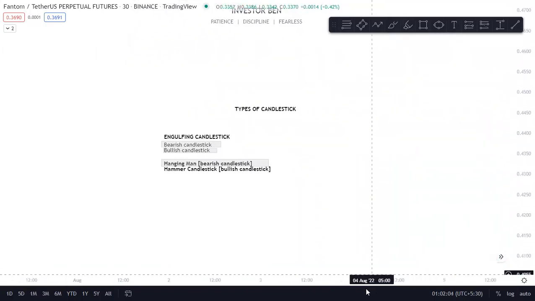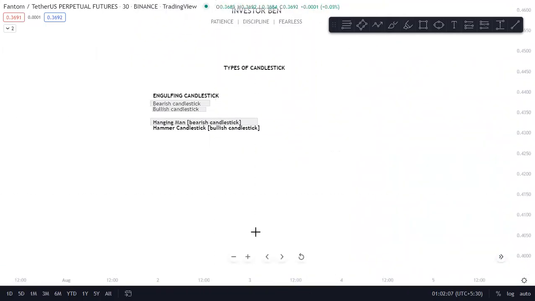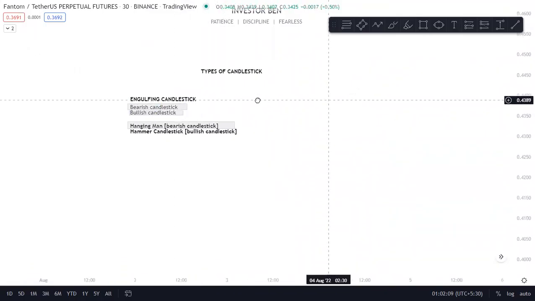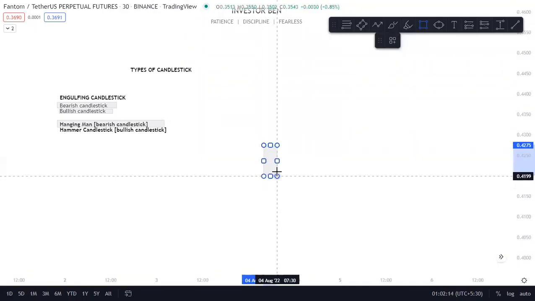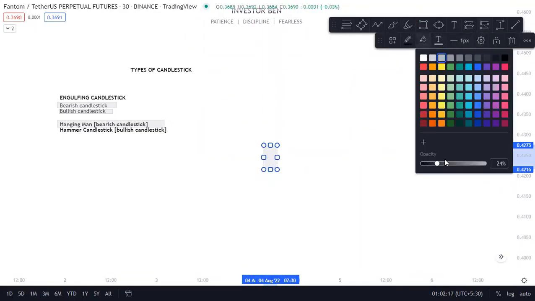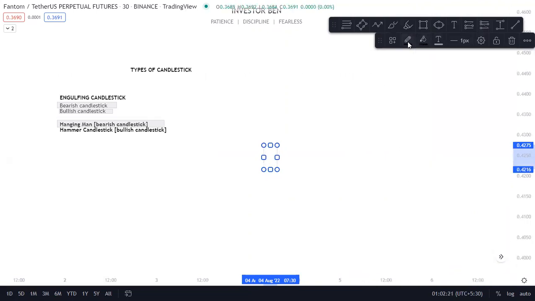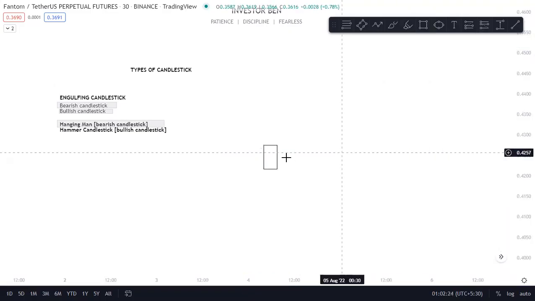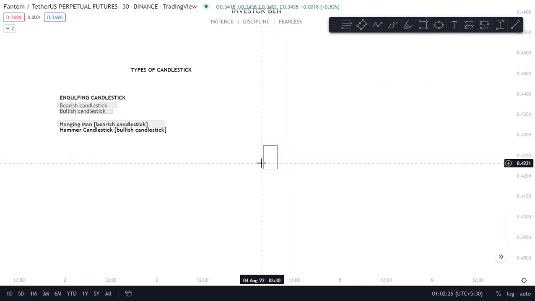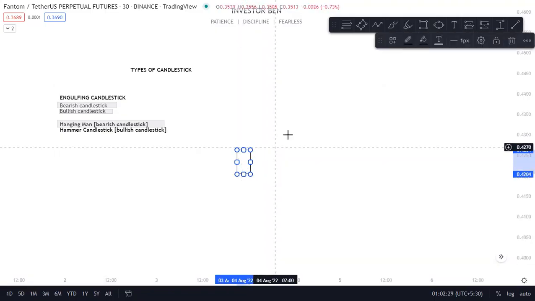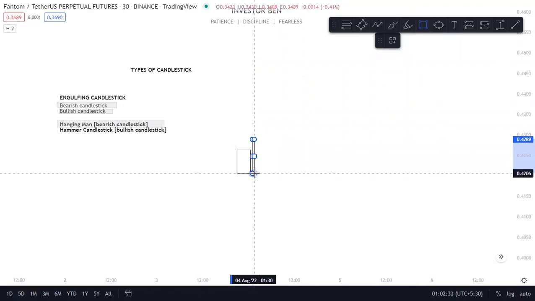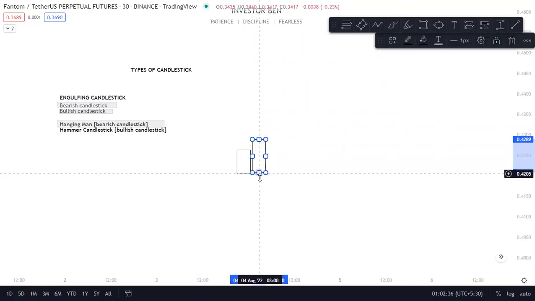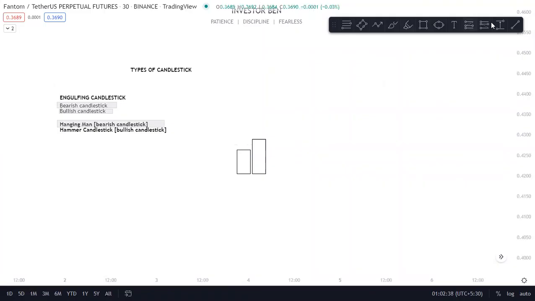So now look at how the engulfing candlesticks are, just like the name goes, engulfing, right? We have this as our candlestick. Let me use white. In the engulfing candlestick, I'm drawing the bullish one, right? We will have two candles.